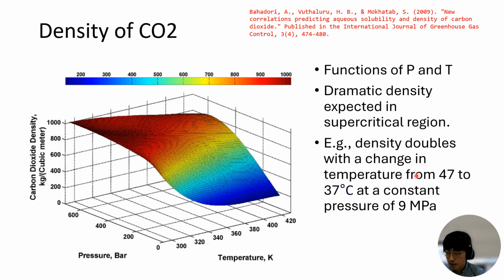And I guess that state is somewhere around here, because 9 megapascal is about 90 bar. So when the pressure or temperature decreases just a little bit, it has very high and steep density changes. We are going to work on this demo in Python.